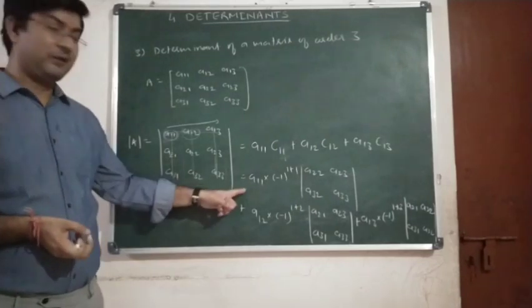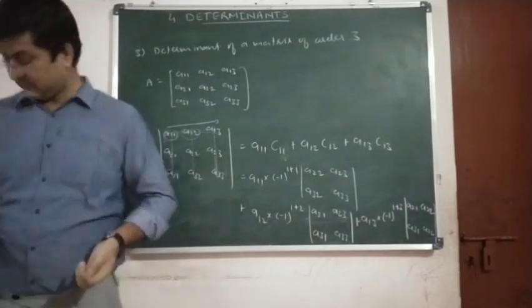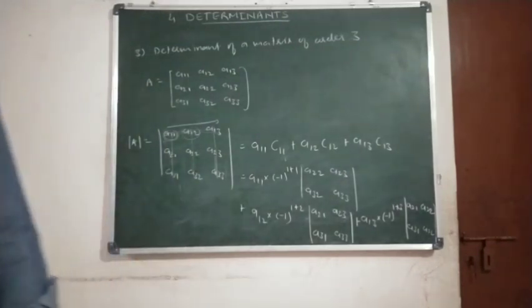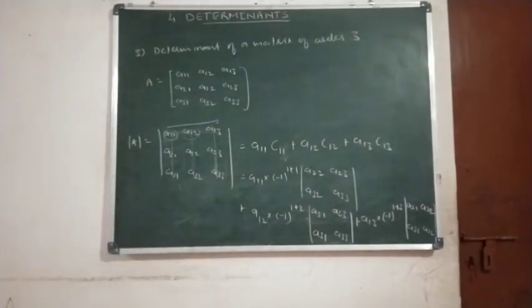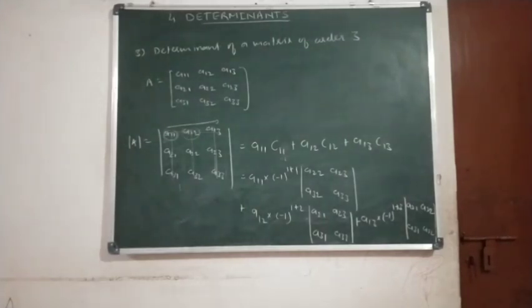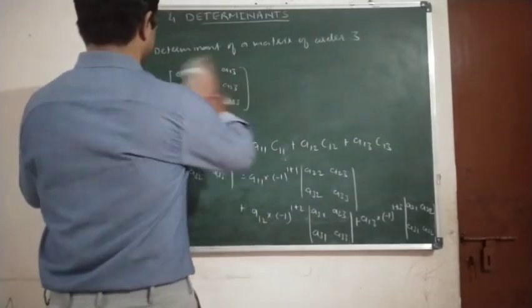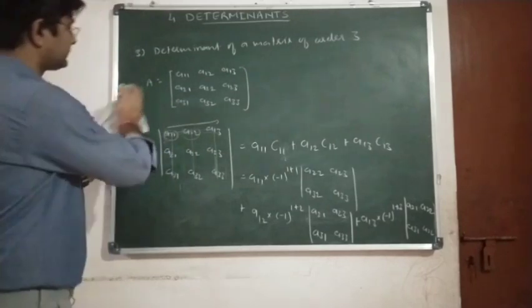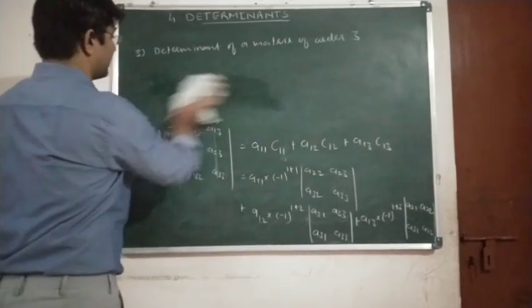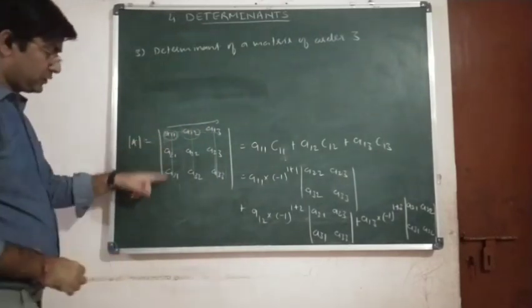So now we have expanded along the first row. Now we will try to expand along the first column. Clear? Okay, now I will expand along the first column.